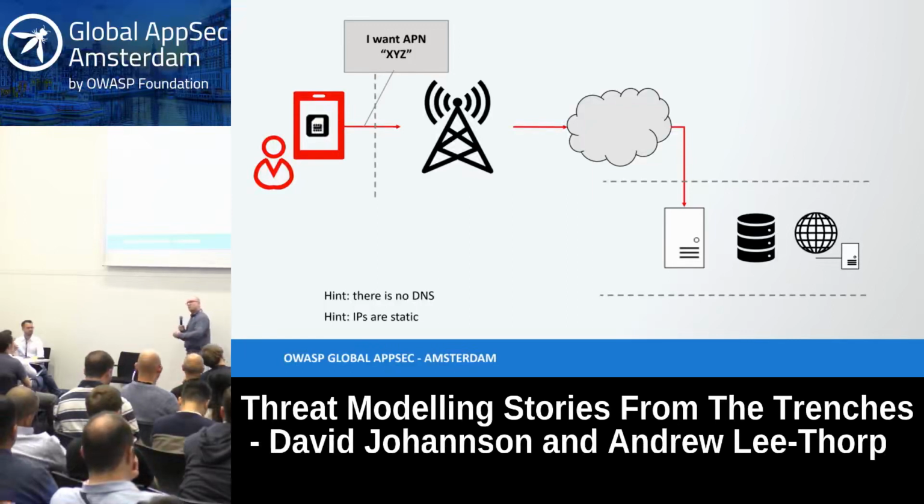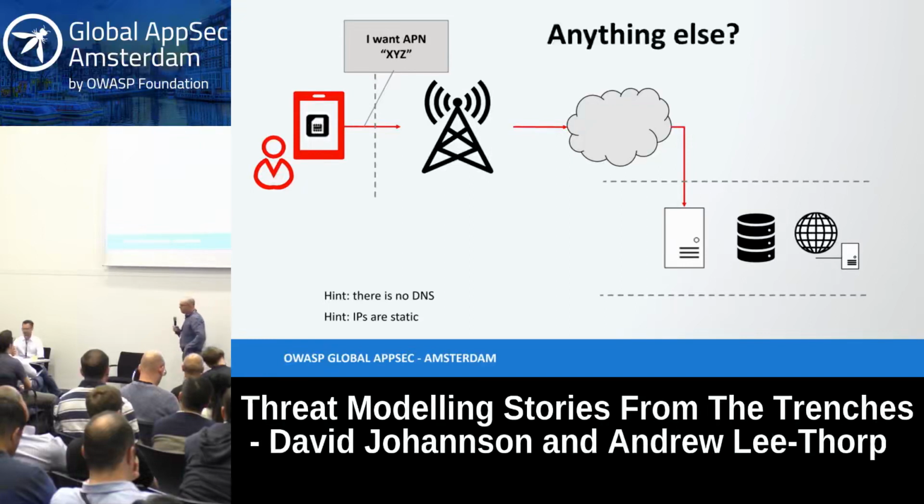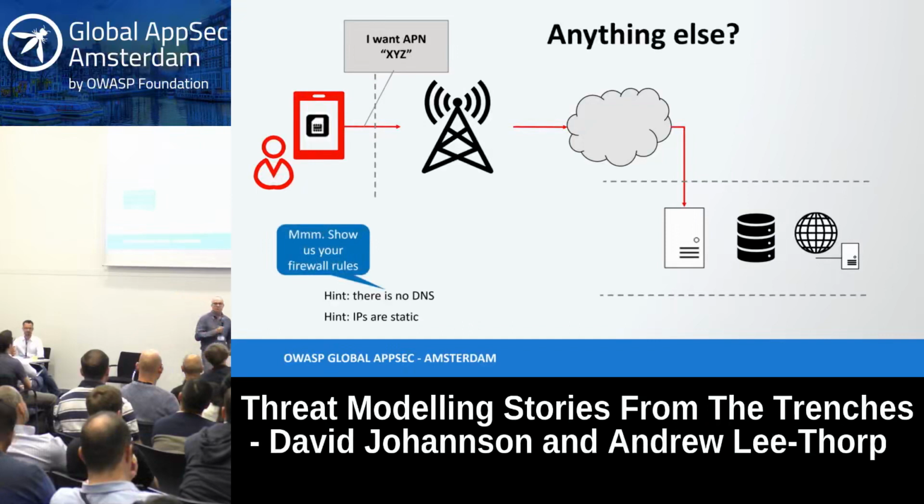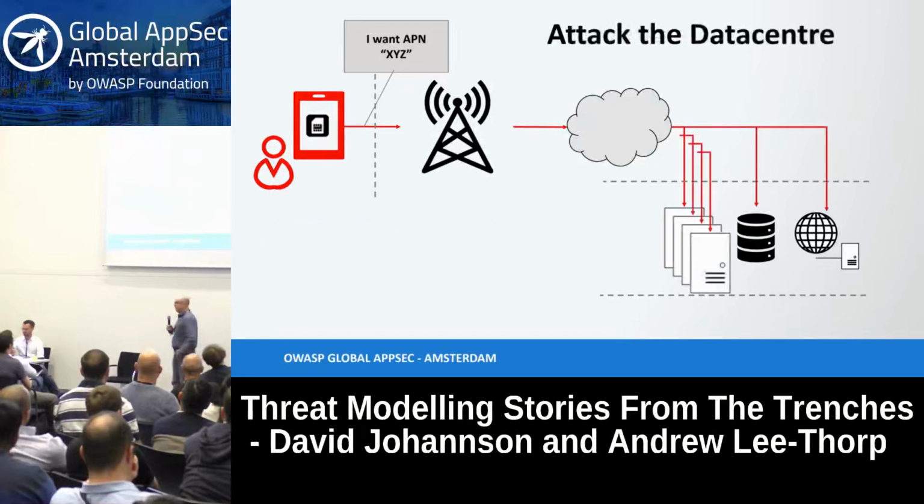Now this could be a clue to something else you could do. What would be a question you would ask at this point? The question we asked is on the screen. Show me your firewall rules, please. And once we had a look at those, boom, we had an open door.